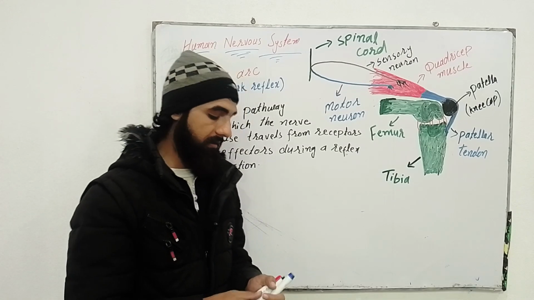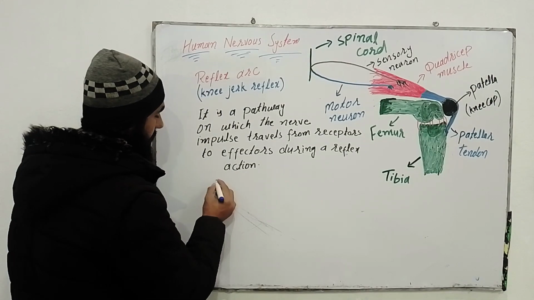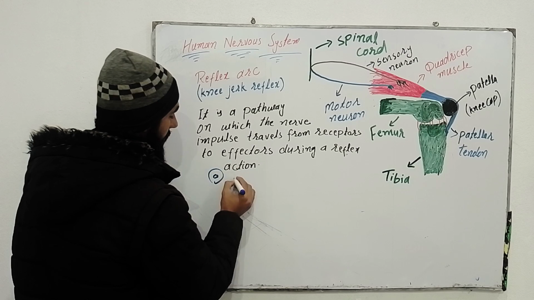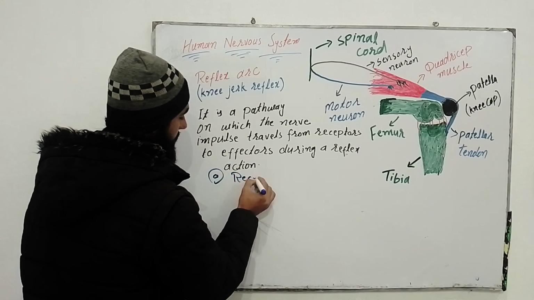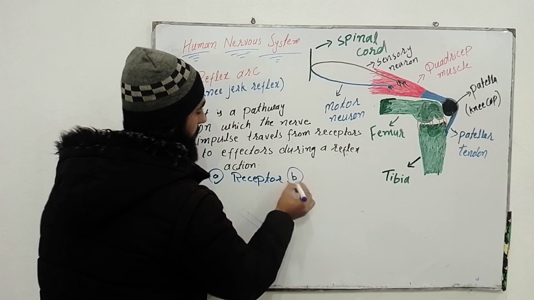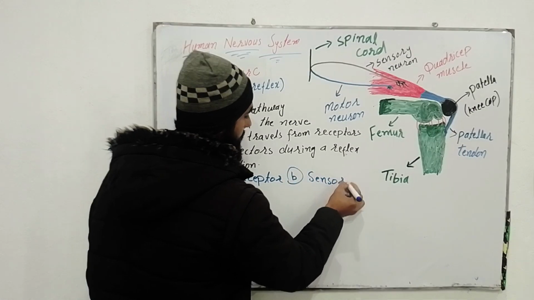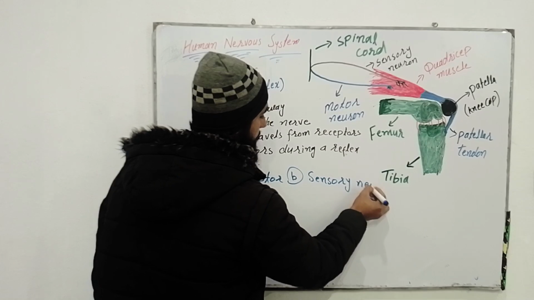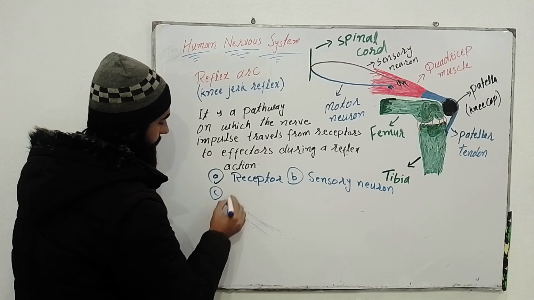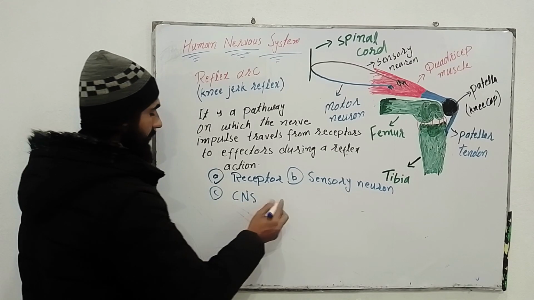Reflex arc consists of the following components. The first one is sensory organ or receptor. The second one, sensory neuron. The third one is central nervous system or interneuron.